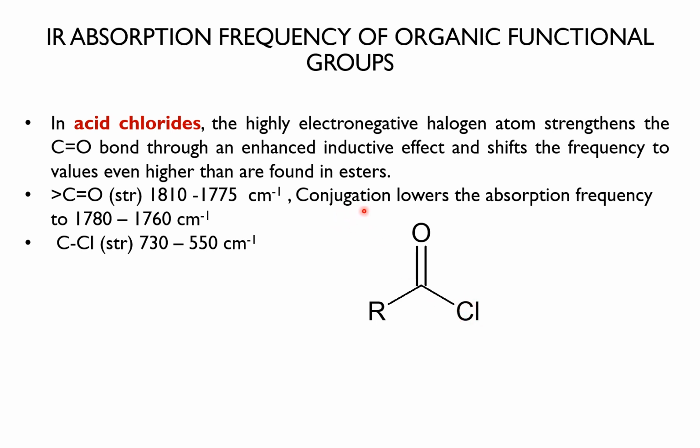But if any conjugation is present, then the value is going to decline to 1780 to 1760 centimeter inverse. Apart from this, we get a band for carbon halogen single bond between 730 to 550 centimeter inverse.